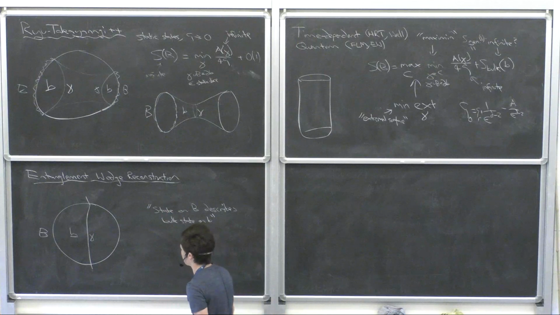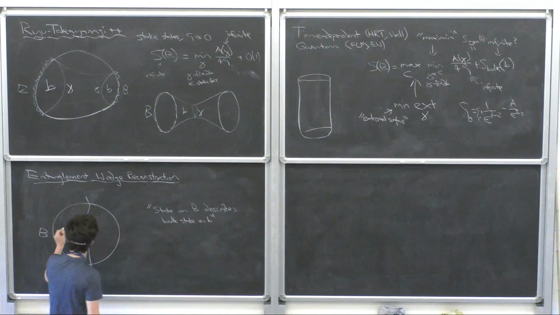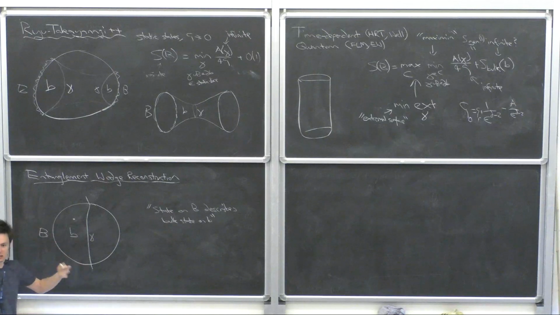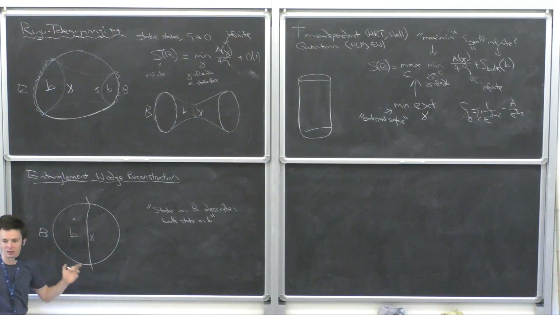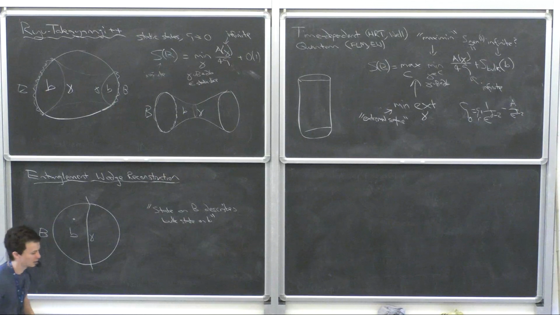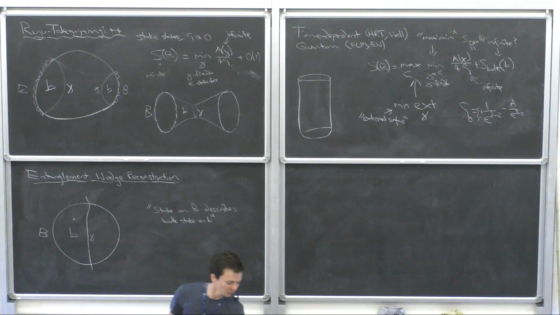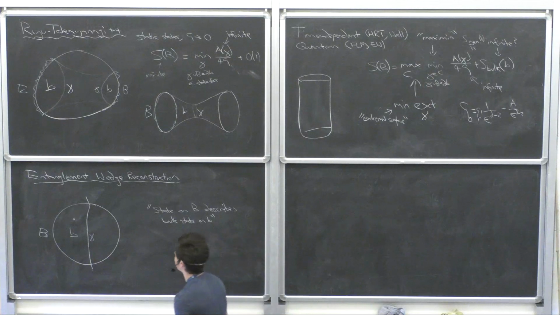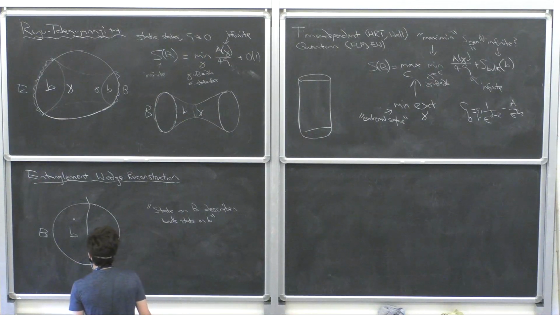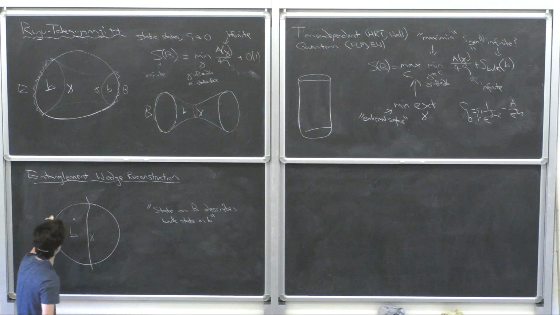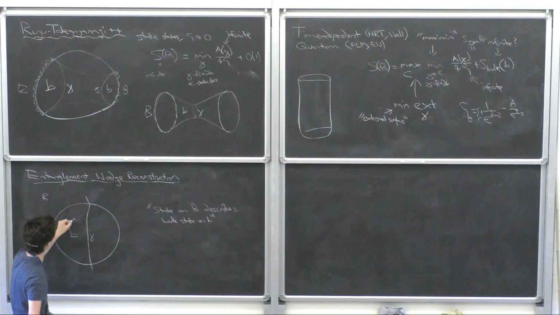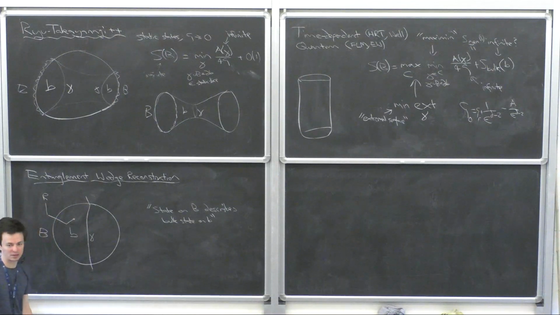which is, let's just imagine we have some simple system like a qubit, just a spin, sitting somewhere in this region, little b. Okay? Now we can imagine that this qubit is entangled with some reference system over here, okay, that's outside of the bulk.